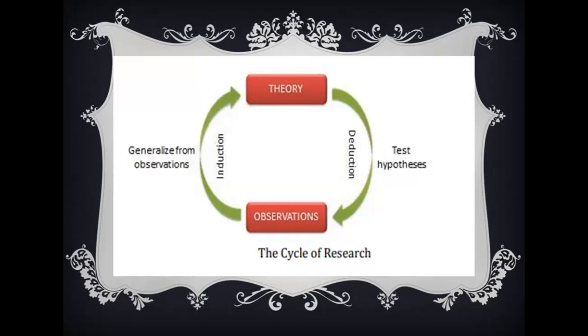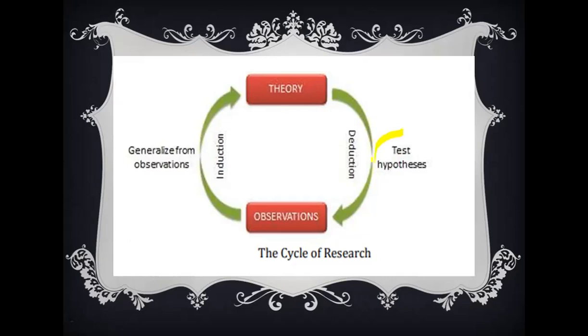Let us look at the right side of this figure. What we see is that from theory, we come to observations. So this is theory, and from theory, we come to these observations.